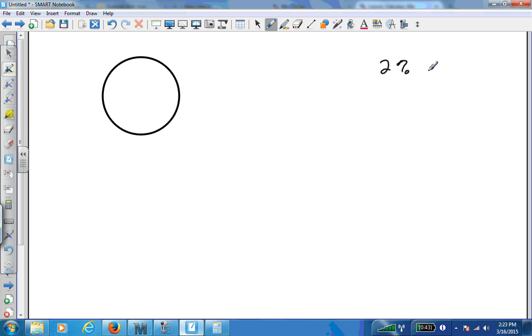So 2% error in area. And let's find out how accurate does the radius need to be measured.